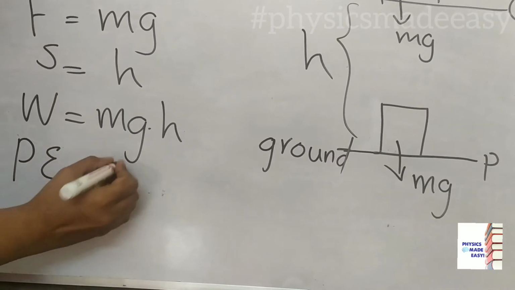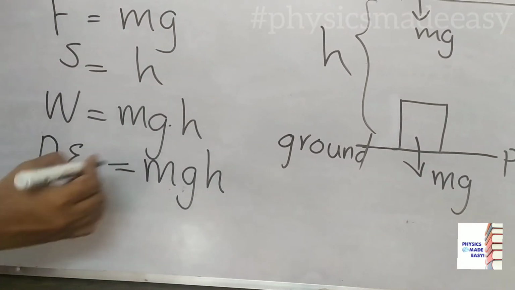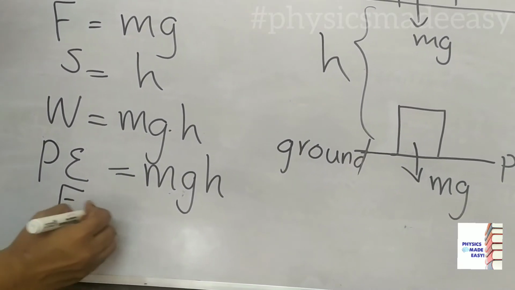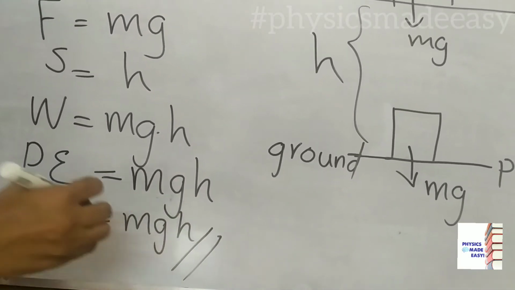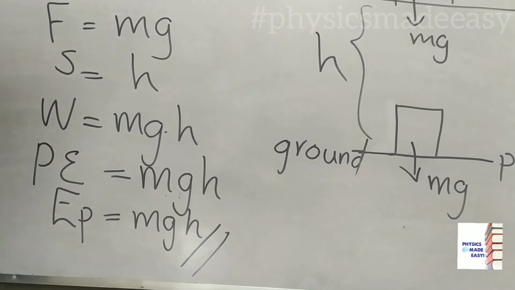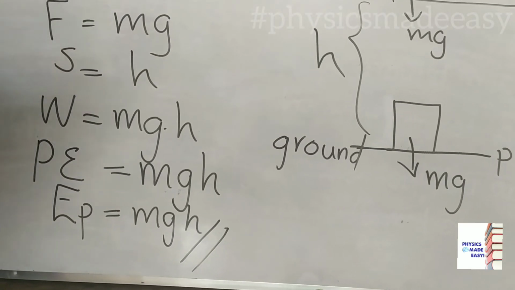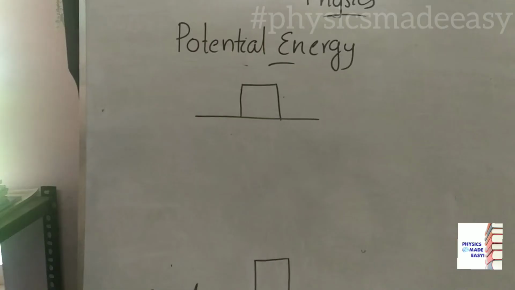Potential energy is equal to mgh. Instead of W we can write E suffix P, that is potential energy. Potential energy is equal to m into g into h, the product of mass, acceleration due to gravity and height. This is the equation for potential energy.